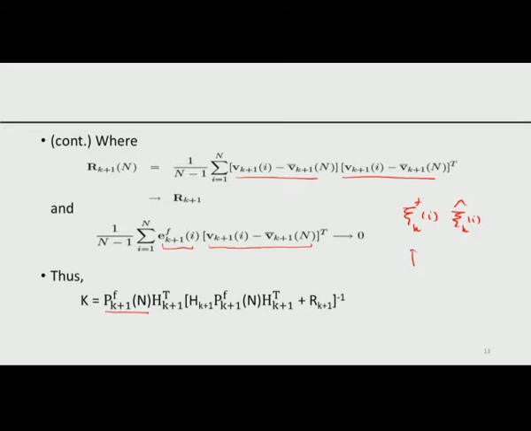But when it comes to P_k^f, I am going to have an estimate, so I am going to put an N. These are N sample estimates, because I want to be able to distinguish between them.